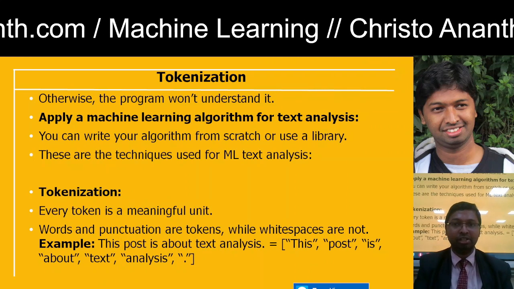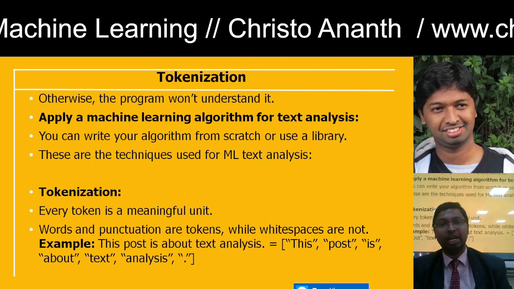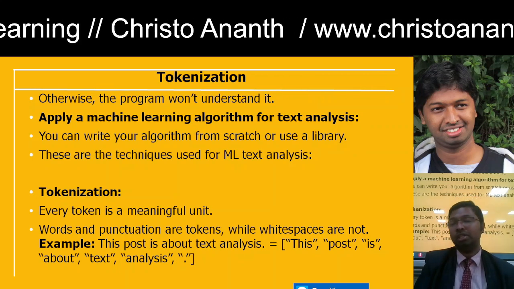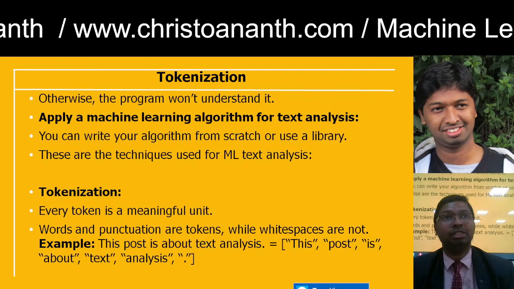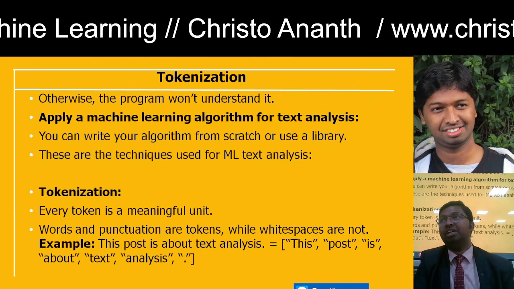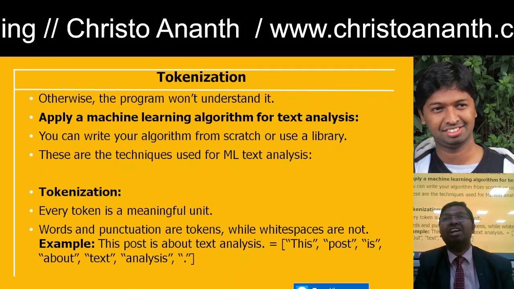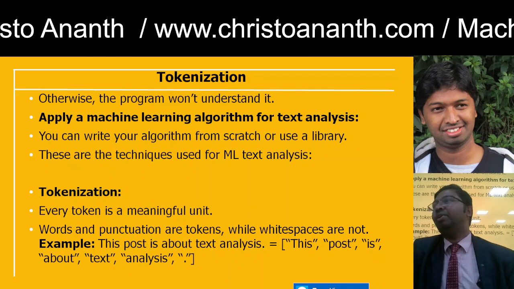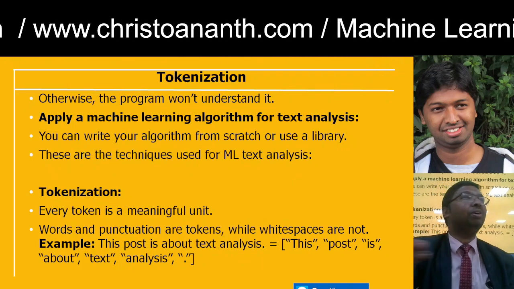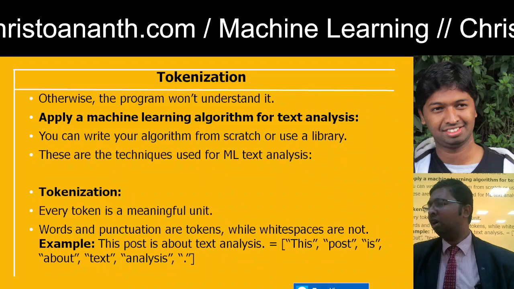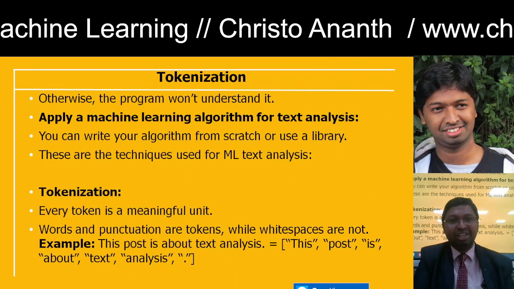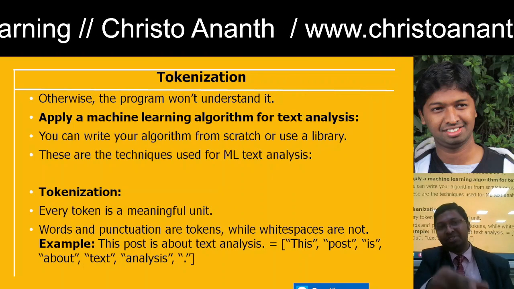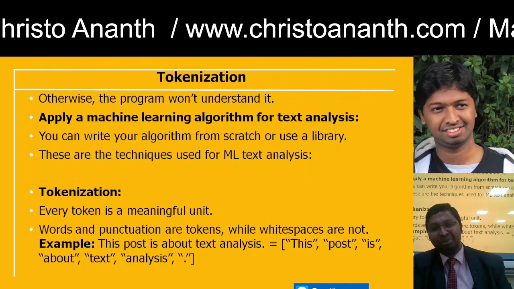You can write your algorithm or you can use a library for this. For this you use ML algorithm, we use tokenization. Token, just one small token. The token is just for identifying. Outside if you go, who are you, how you came here, you can say token, right? Similarly, every token which we use in machine learning has a meaningful name.